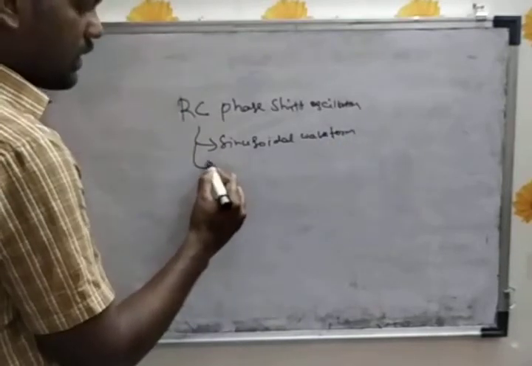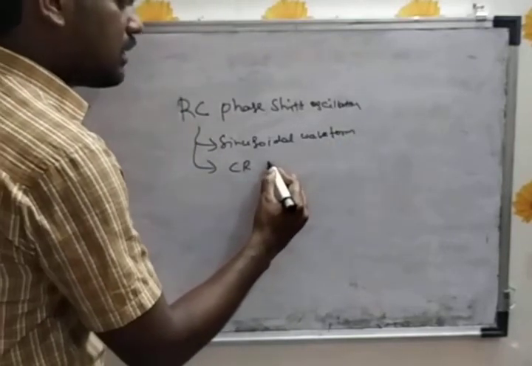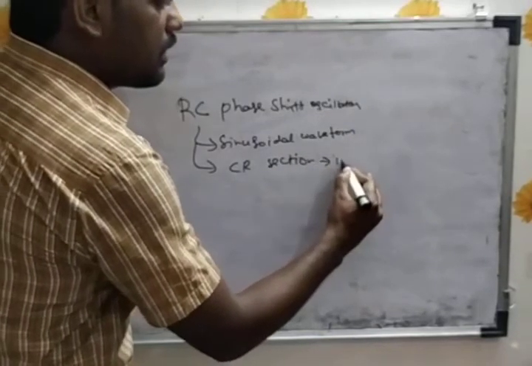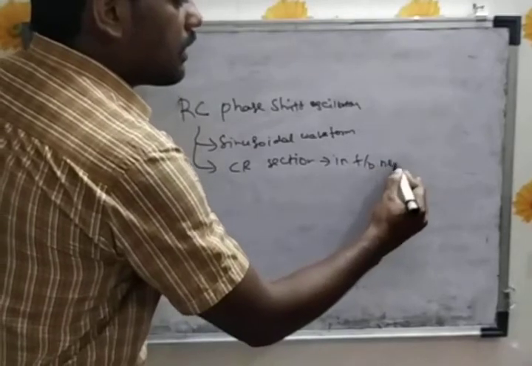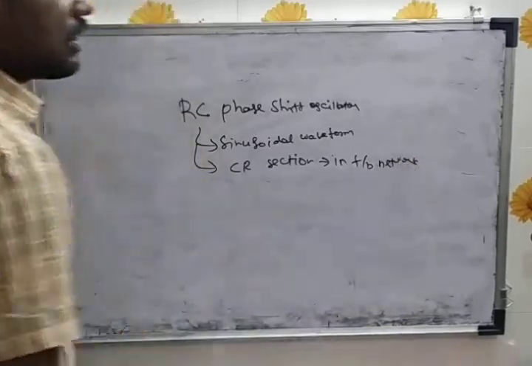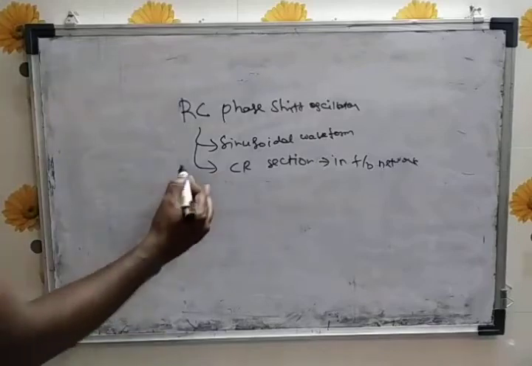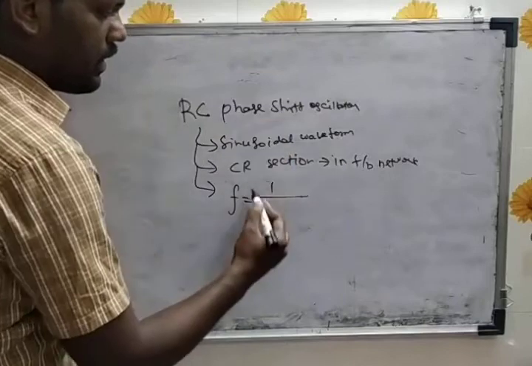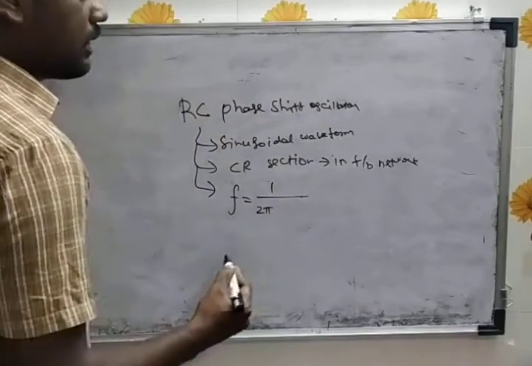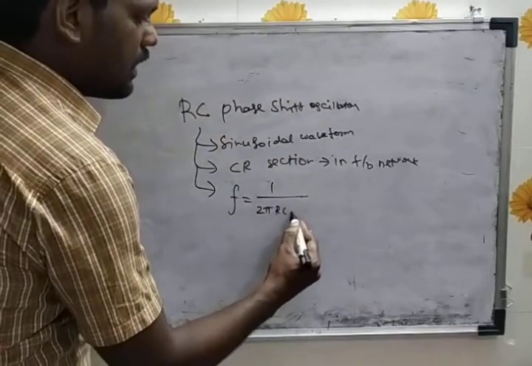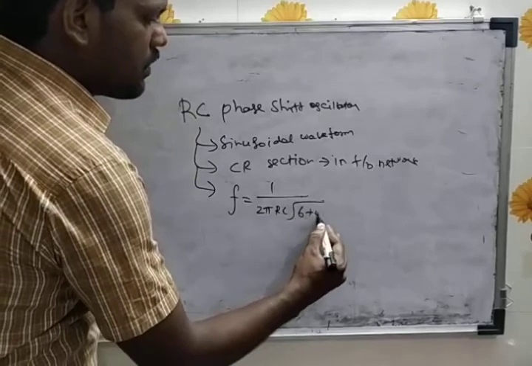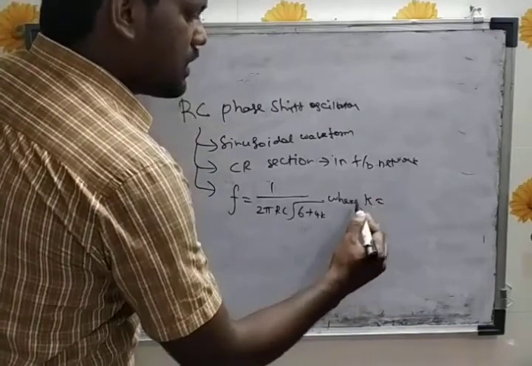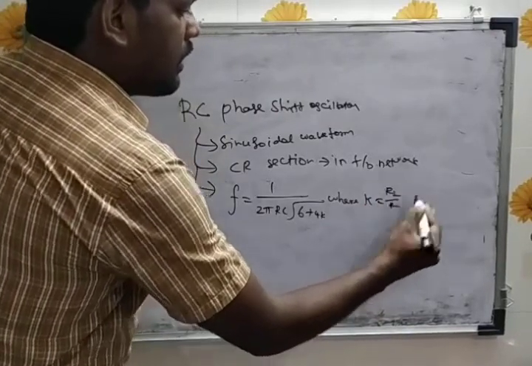We used 3 CR sections in the feedback network, and we derived the frequency of oscillation f = 1 / (2π RC √(6 + 4k)), where the k value is RL by R.